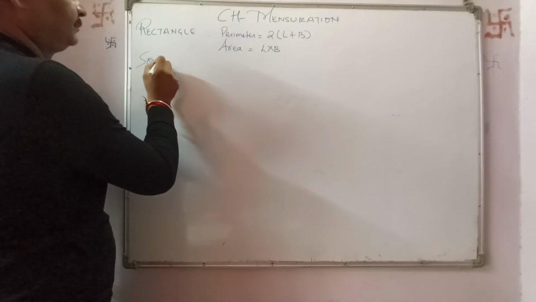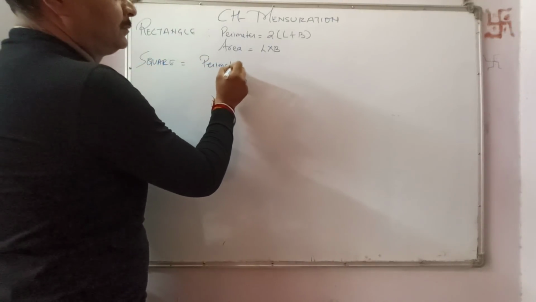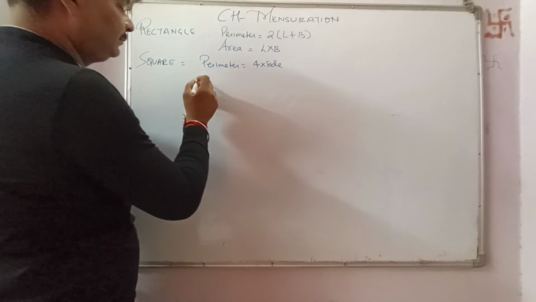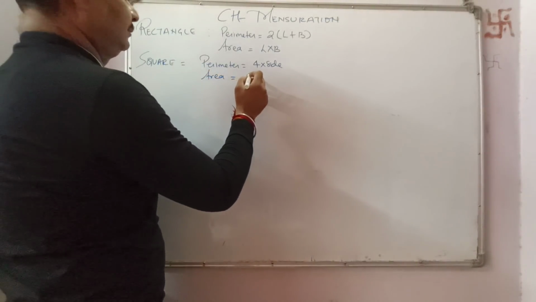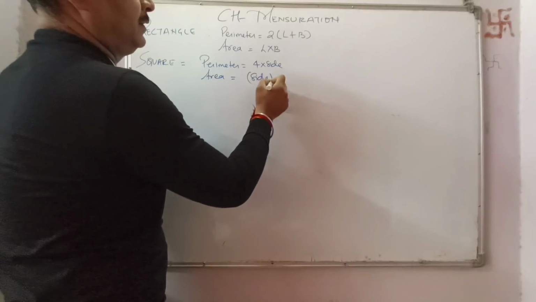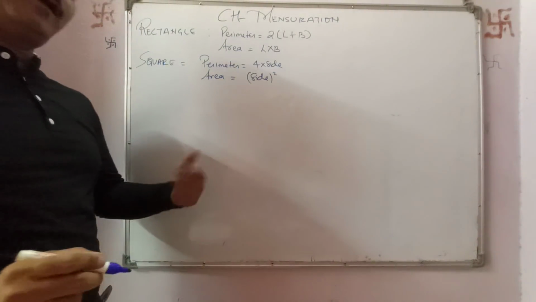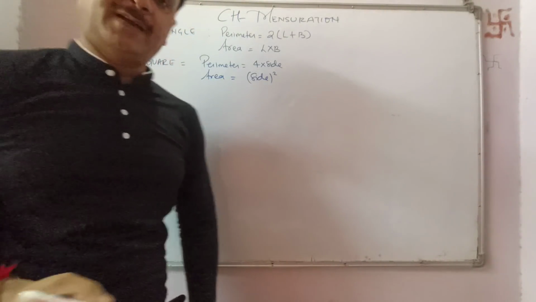Square: perimeter is 4 into side, and area is side square. These are the things you learned in previous classes, along with other quadrilaterals. We will discuss them in the second exercise.